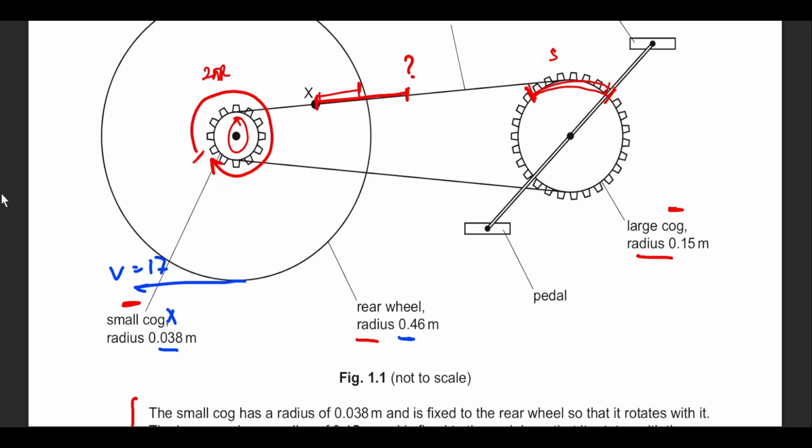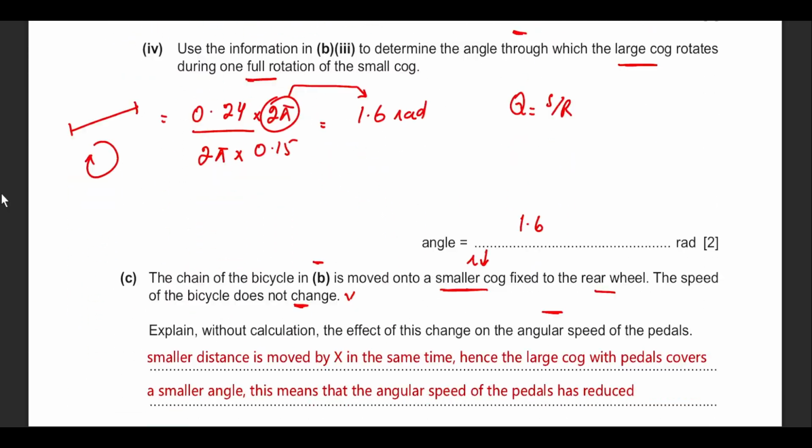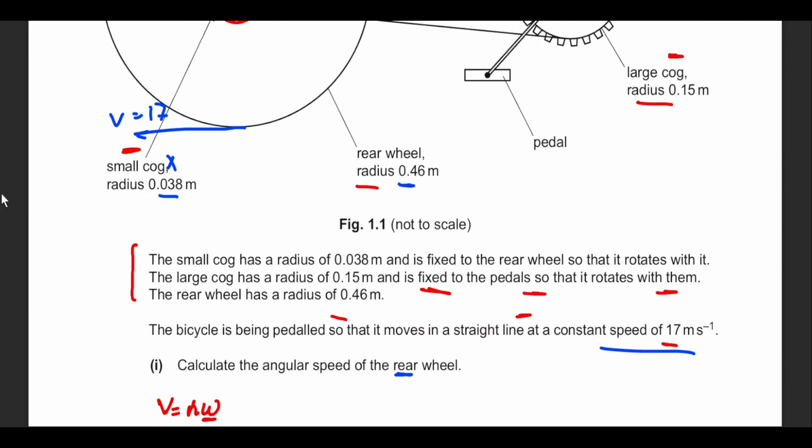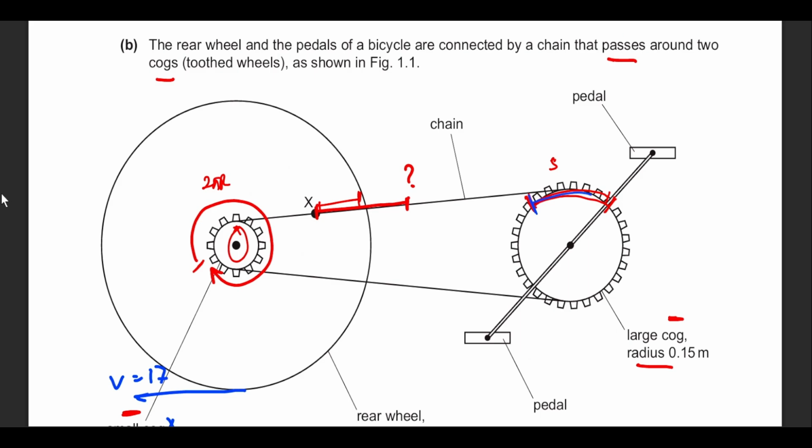That's quite obvious. Now, if X is smaller in the same amount of time, then the angle covered will also be smaller. If the angle covered on the larger section is smaller this time, for the same amount of time, for example, this is omega equals 2 pi r divided by t, whatever this angle is.